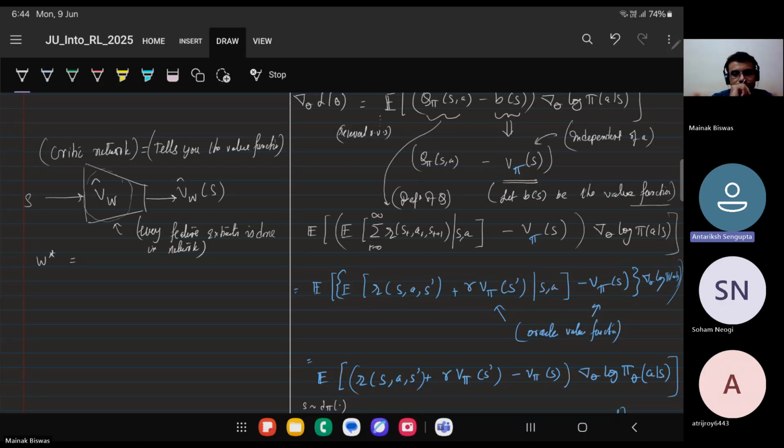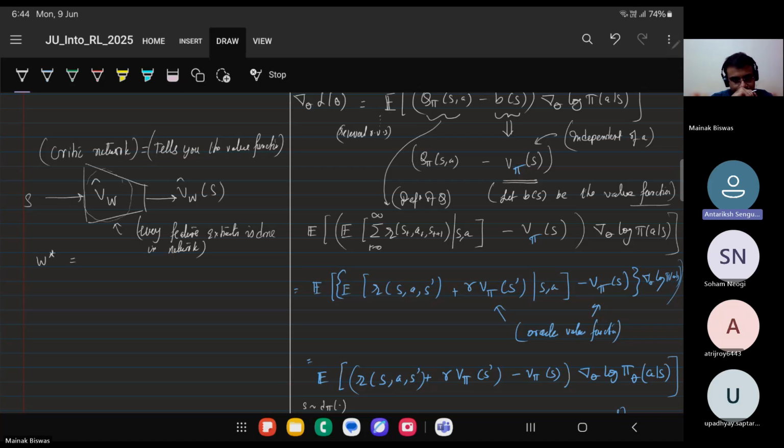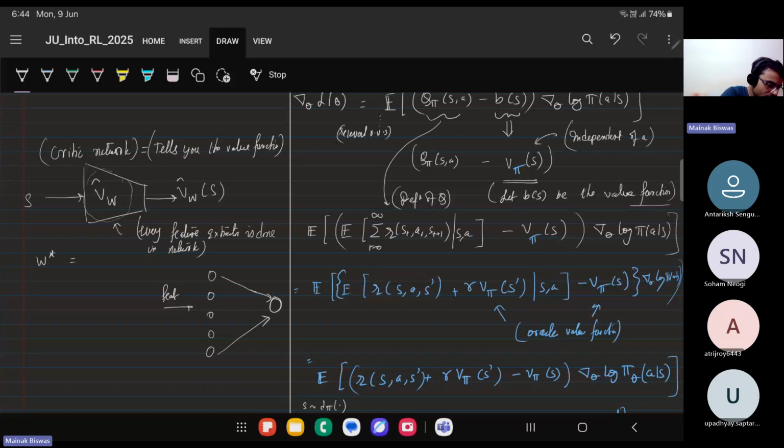Once we have the features, we do a linear combination, summation of wi phi of s, and that's what we then optimize with gradient descent for the w's, and then calculate VW of s. Then we again optimize for theta when we know VW of s. So this will be an alternating optimization.